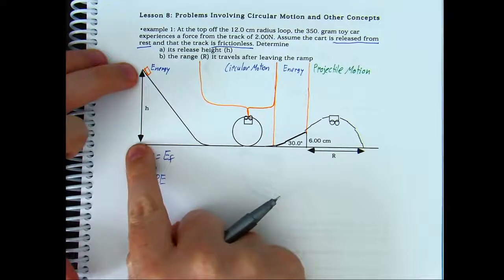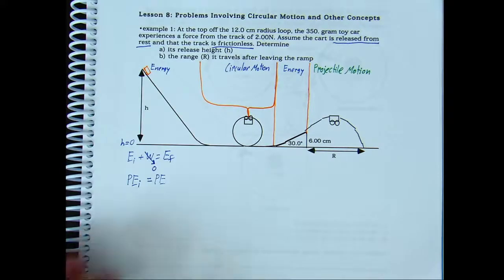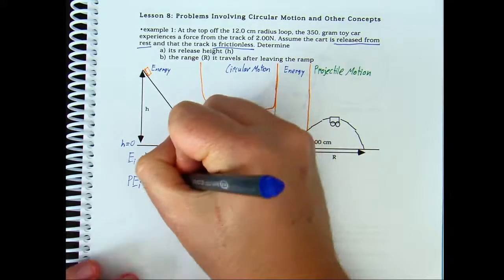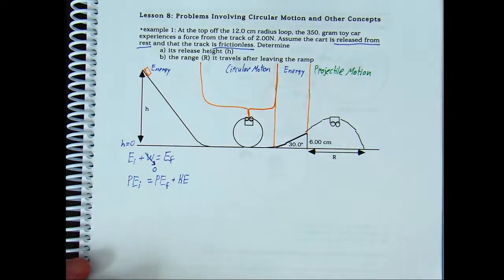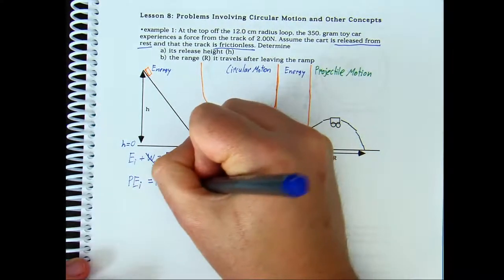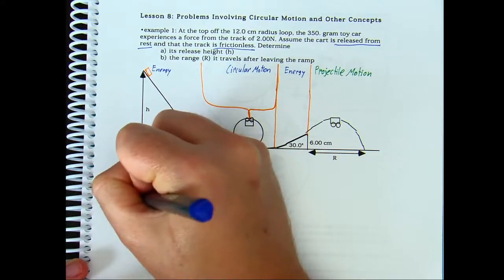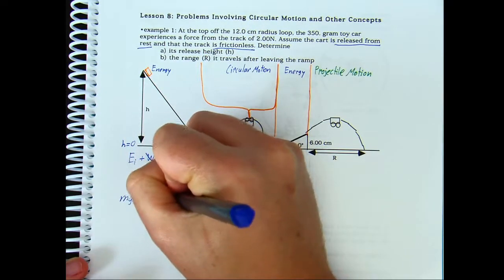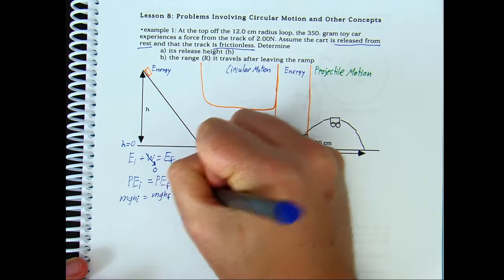Because we want this whole height here, we're actually going to call this height equals 0. So there's going to be some potential energy here and here. So our potential energy at the end plus kinetic energy final, rather. So we're going to have mgh initial equals mgh final plus 1/2 mv squared.